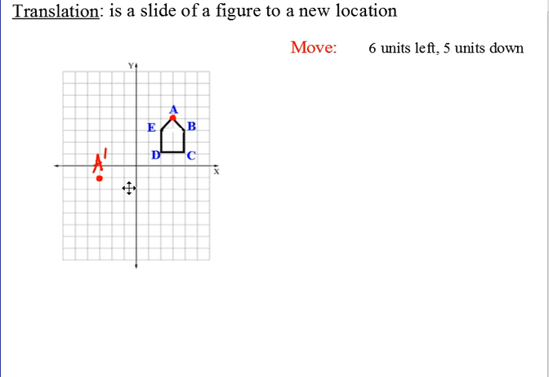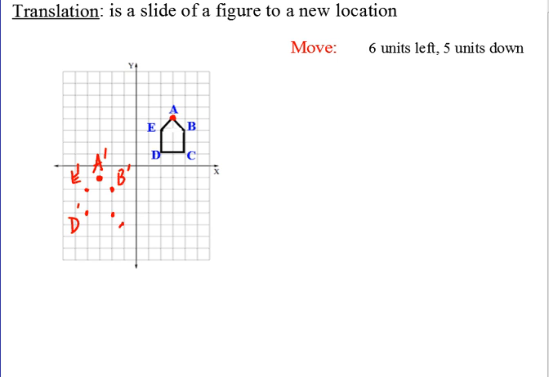We'll do the same thing for each of these points, going 6 units left and 5 units down. Every time we do that, we put a prime sign next to the letter so that we all understand that this is not the original image, but the image translated or slid around.